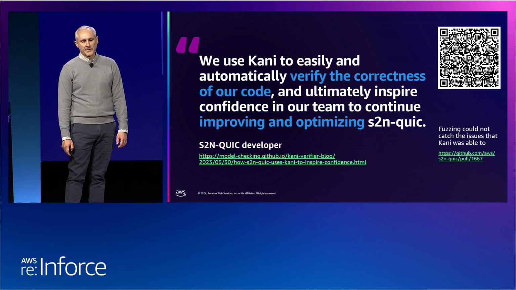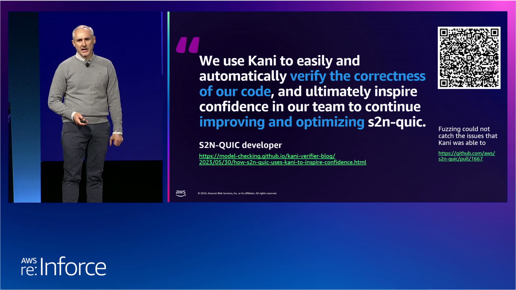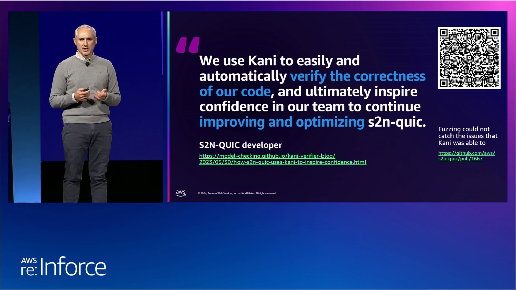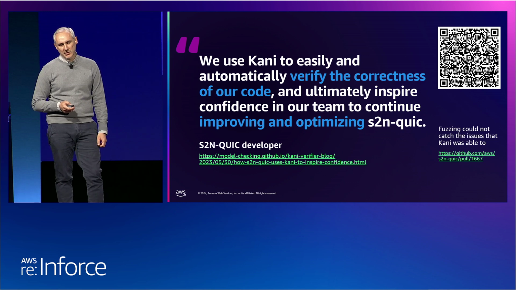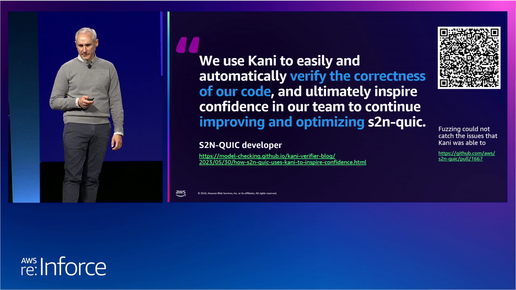They have a blog post about how they use Kani to discover errors in their handling of the variable length encoding of integers in the S2N Quick protocol, and also how they use Kani to check that the optimized version of a Rust method performs exactly the same function as the reference method. So please consult the blog post for details.